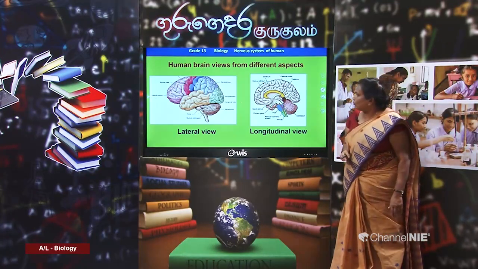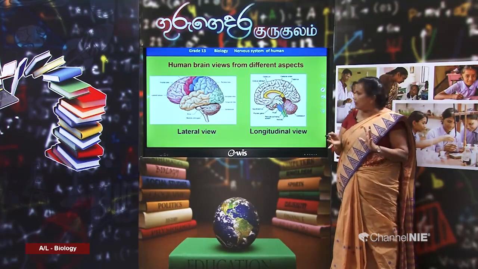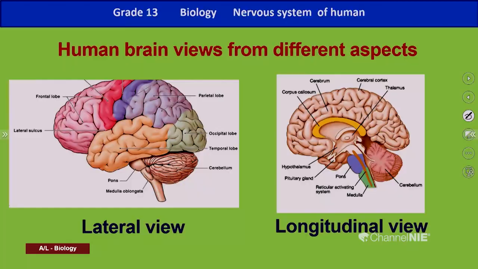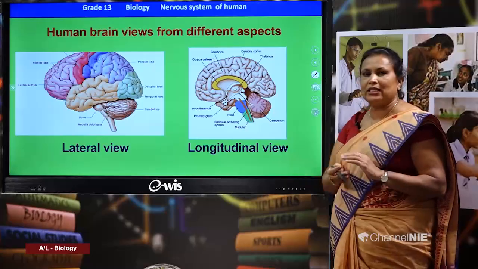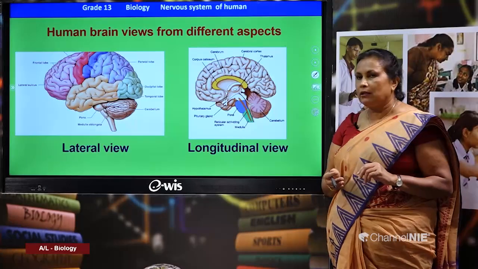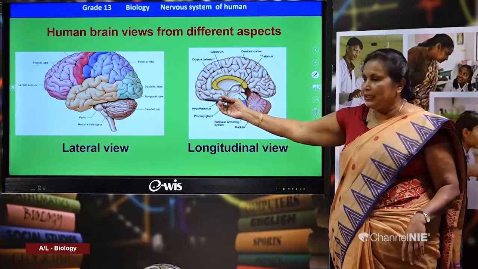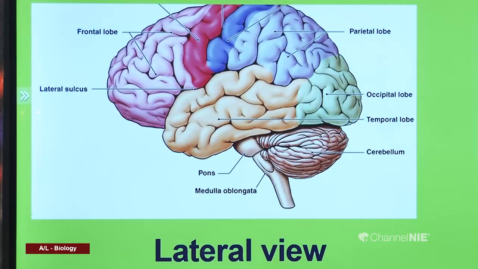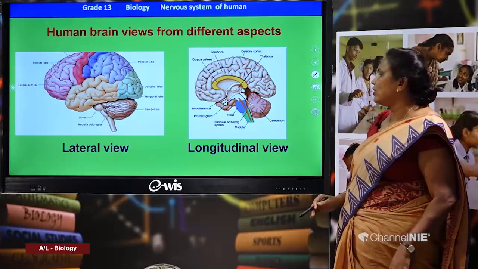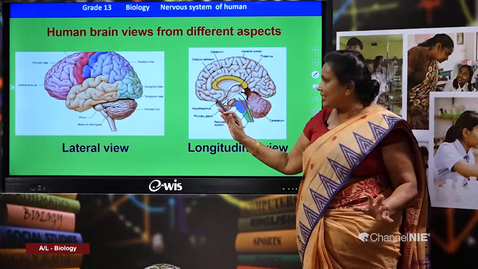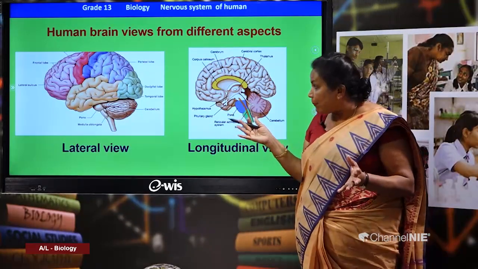Then I am going to move to the next slide. You can see the external appearance of the brain and the longitudinal section of the brain. Okay? These are 2 diagrams that are also given in your textbook. You can see the external appearance.